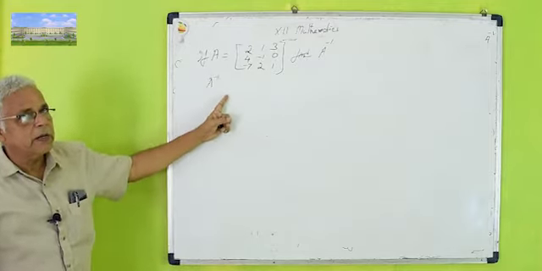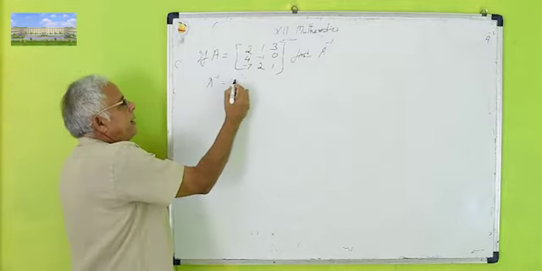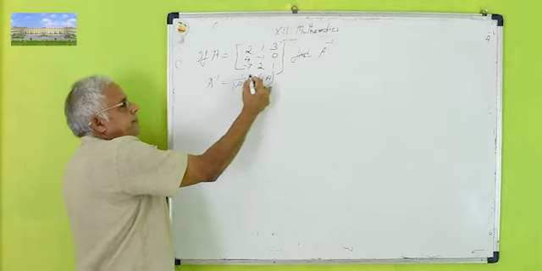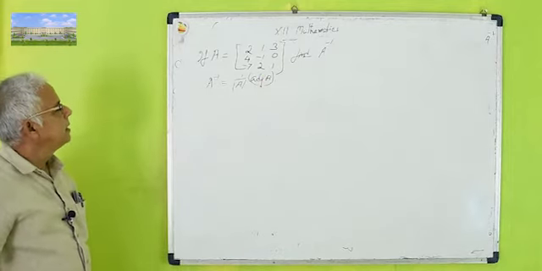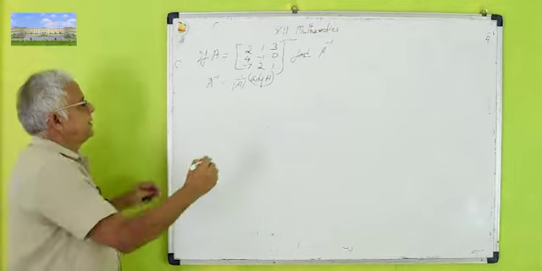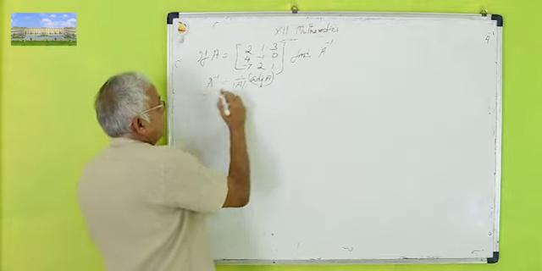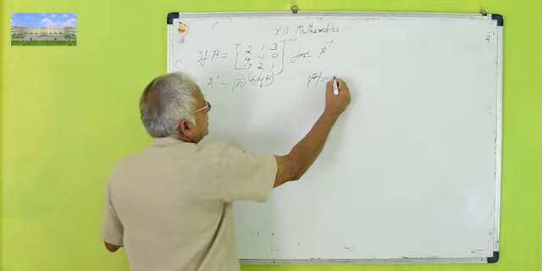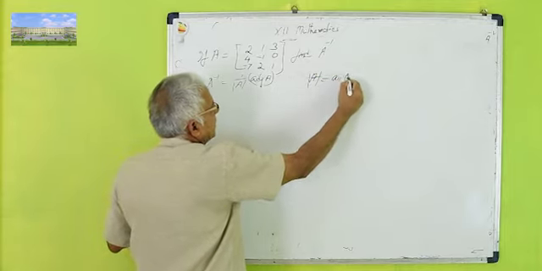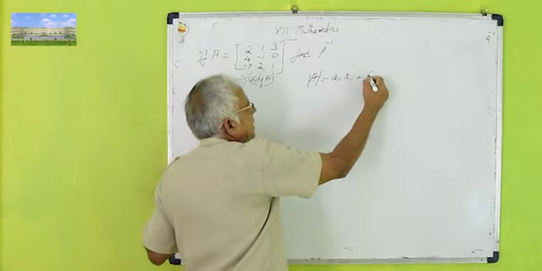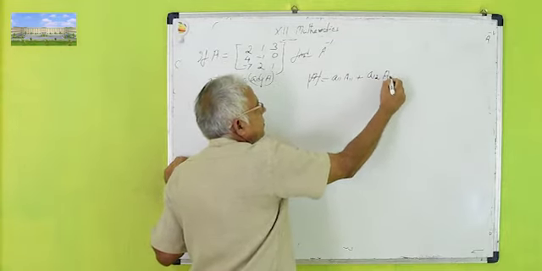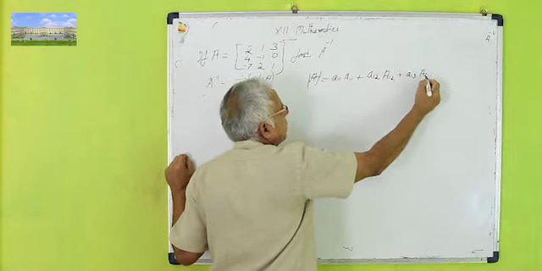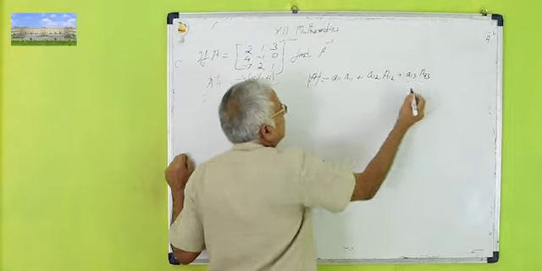A inverse is, remember, 1 by determinant of A into adjoint. The determinant of A is equal to A11 into A11 plus A12 into A12 plus A13 into A13.